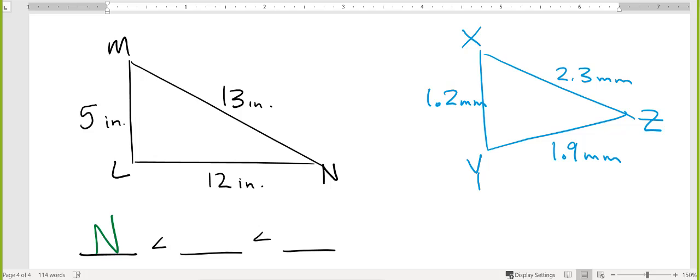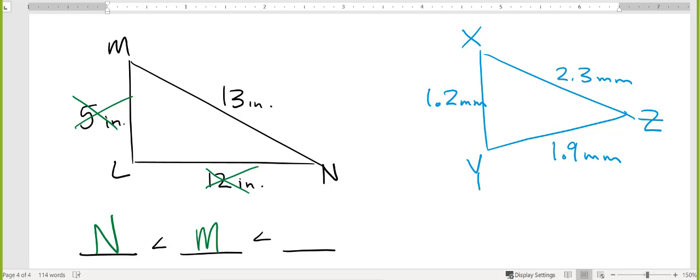Okay, this one is finished. Which one is the middle side length? Which one's smaller between 12 and 13? Right here at 12. So the angle opposite side LN, which is right here, is the middle angle measure. So now we use the 12.